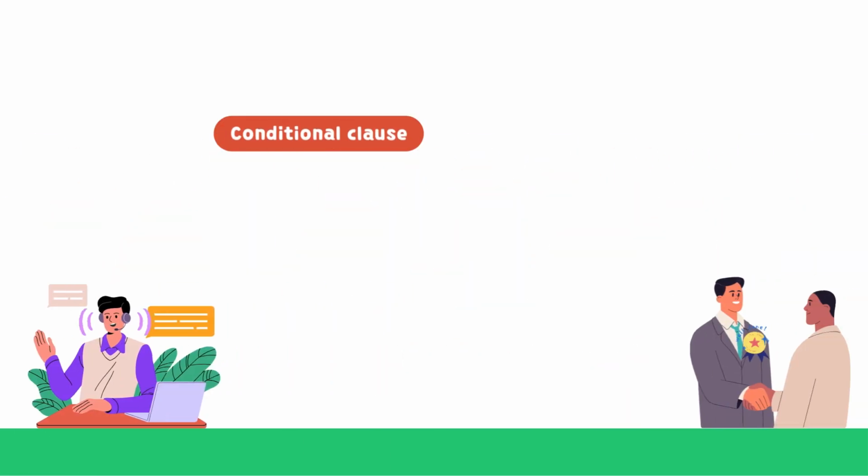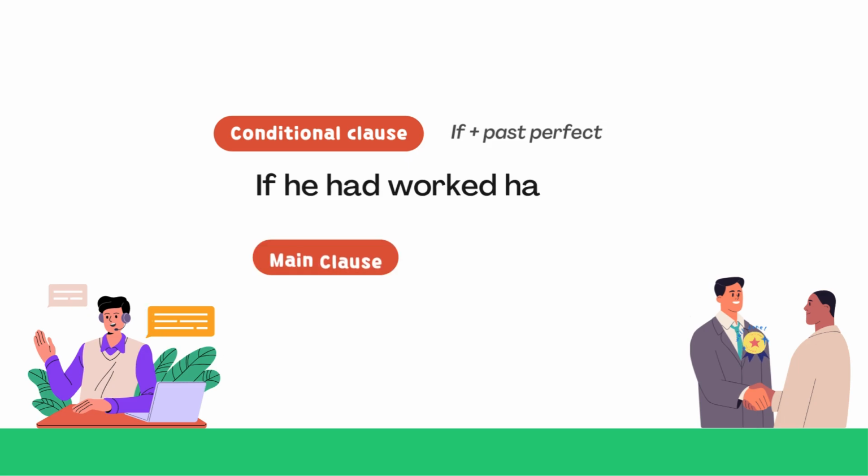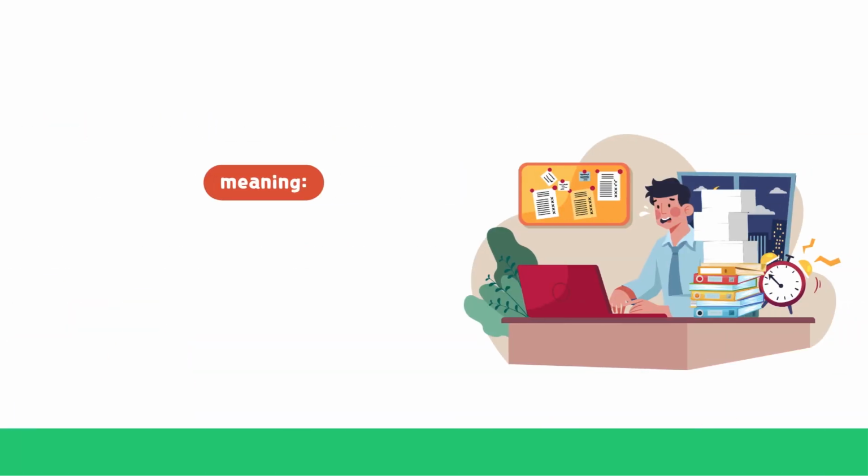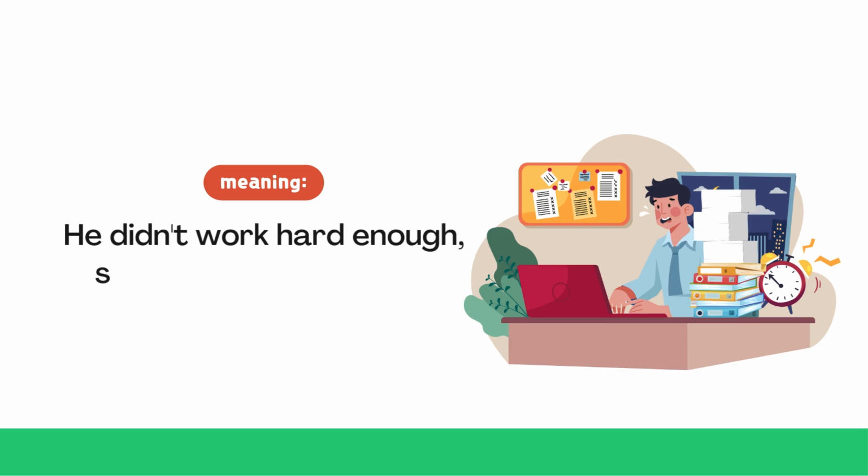The conditional clause consists of if plus past perfect. If he had worked harder, and the main clause, he would have been promoted, use would have plus past participle or verb 3. This example suggests that he didn't work hard enough in the past and as a result didn't get promoted, something that could have happened but didn't.